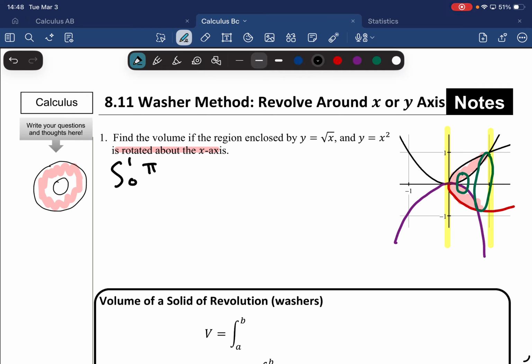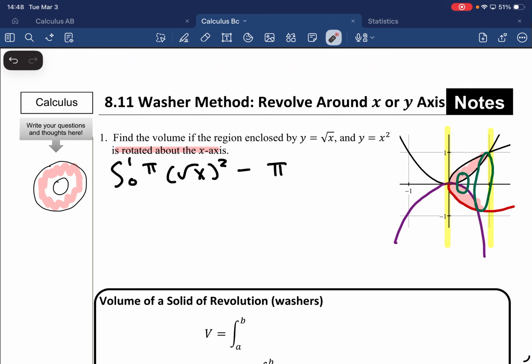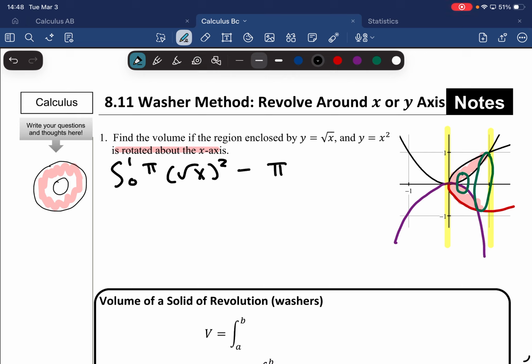So then I'm going to do the square root of x, squared, minus, and then pi r squared again, but now using the smaller radius, which is going to be the inside function. When I say inside function, it's this part right here. And that is going to be x squared, squared, dx.